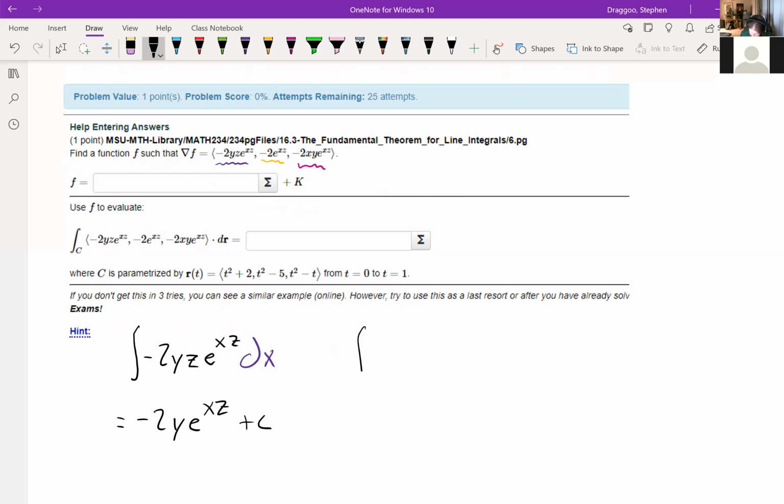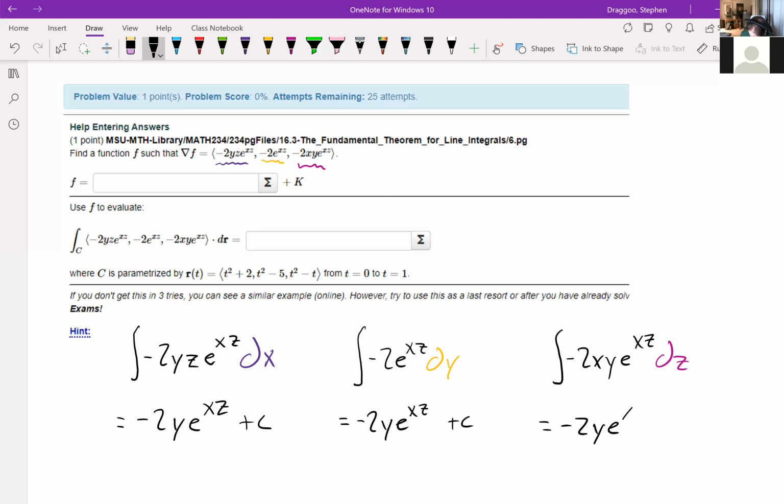If I do that same thing, integrate, but this time it's integrating negative 2 e to the xz dy, I'll get negative 2y e to the xz plus c. If I integrate negative 2xy e to the xz dz, I get negative 2y e to the xz plus c.